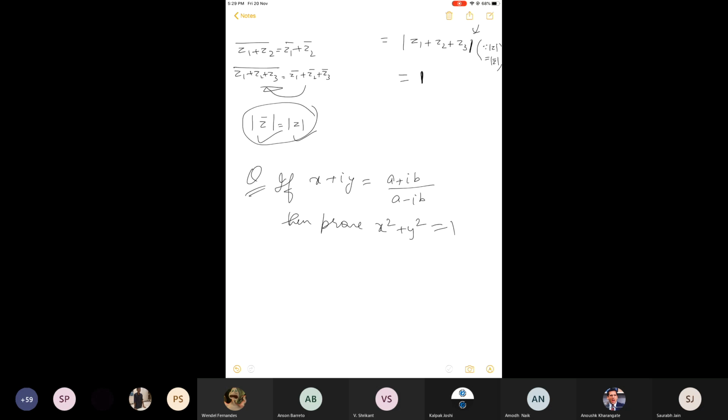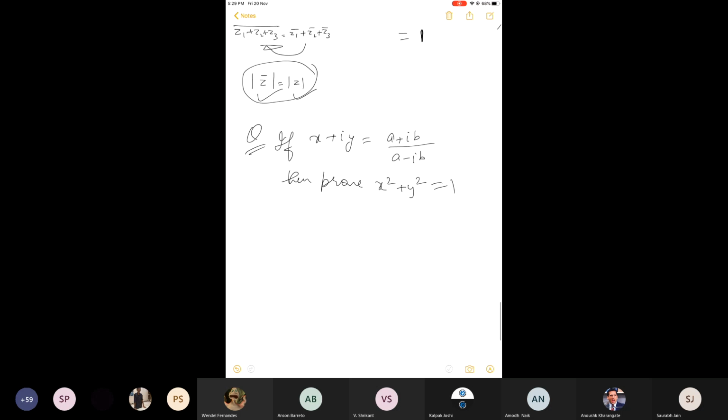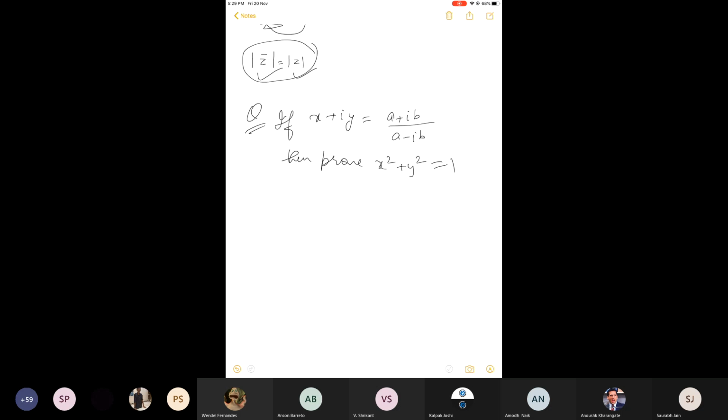We solved such a type of question in the previous class. But today I want to solve it using properties. All right. x plus iota y equals a plus iota b upon a minus iota b. And we have to prove that x square plus y square is equal to 1.